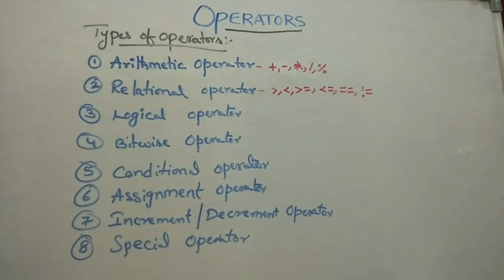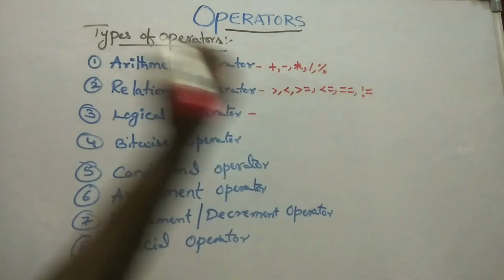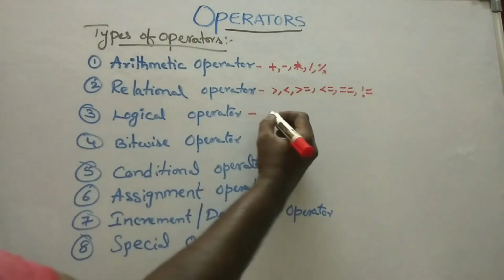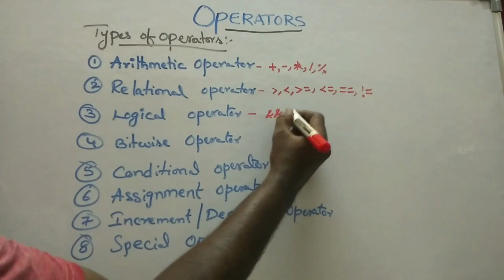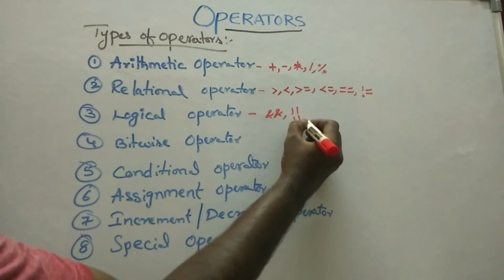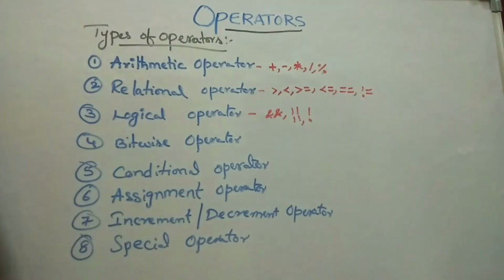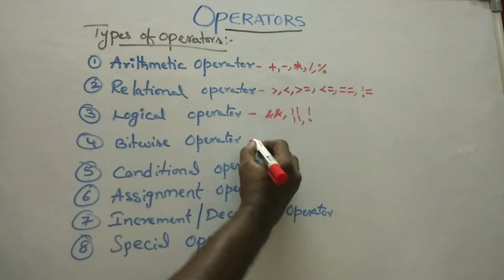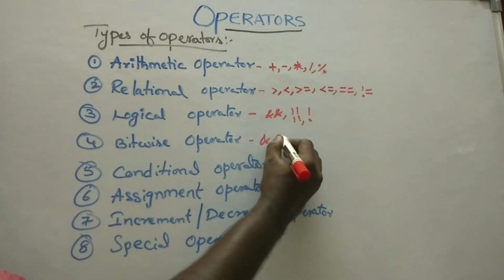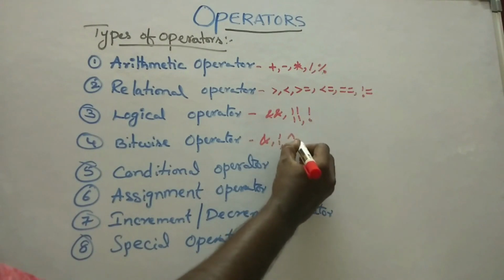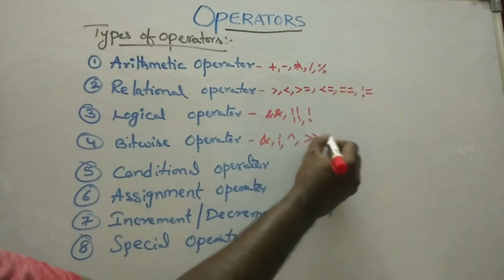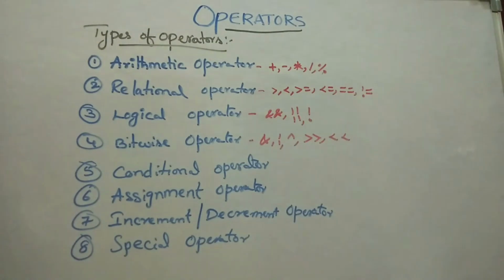The logical operators are logical and, logical or, and logical not. Bitwise operators are bitwise and, bitwise or, exclusive or, right shift, and left shift.